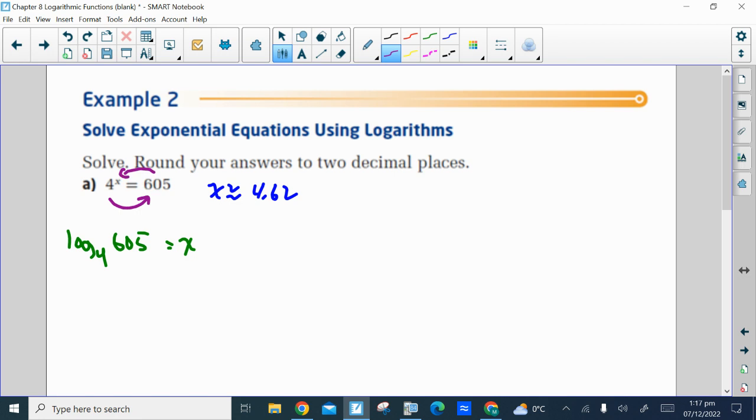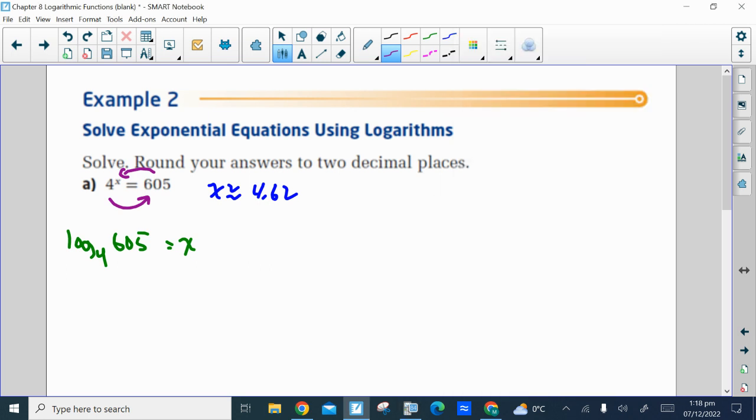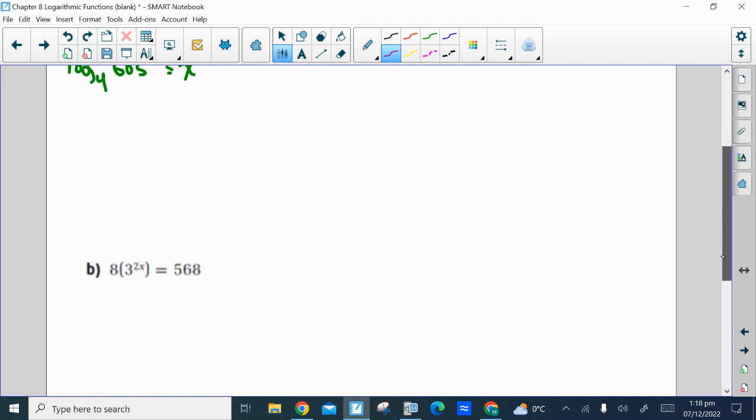And when you do log base 4 of 605, whether you use the log function or change of base identity, log of 605, close the bracket, divided by log of 4, you get that same answer, 4.62. So you can use logarithms to solve exponential equations by converting from exponential to logarithmic.